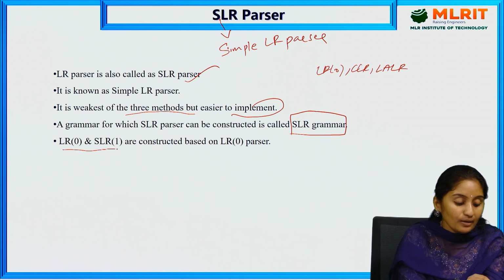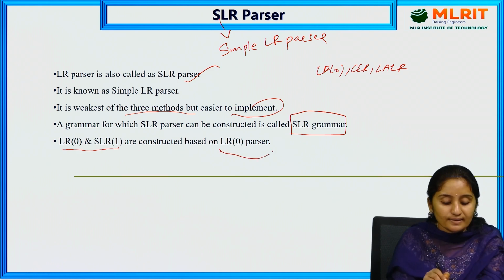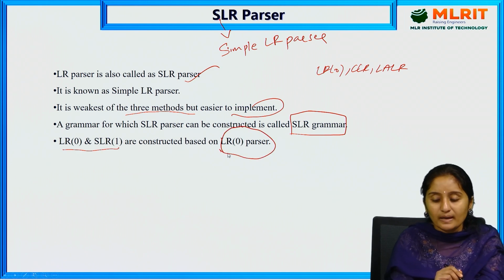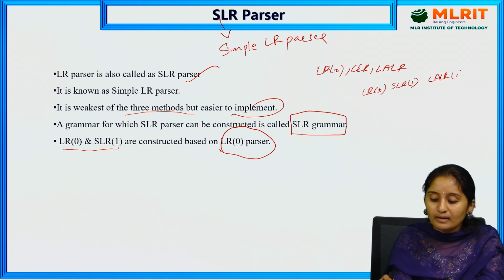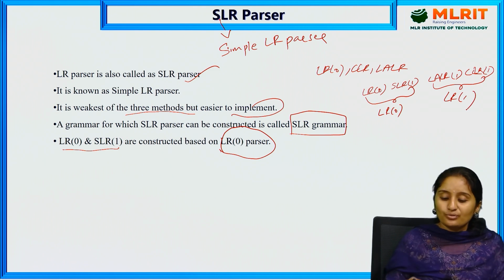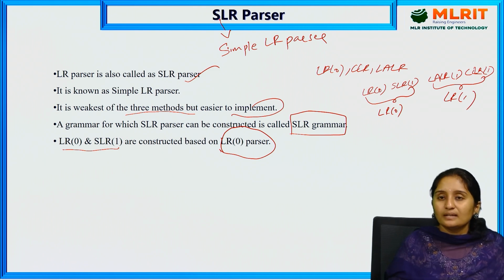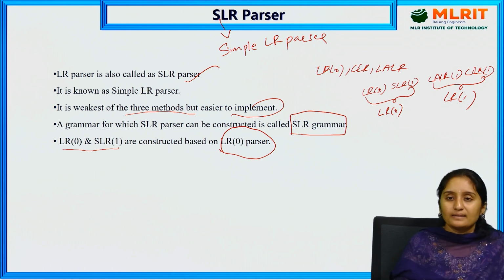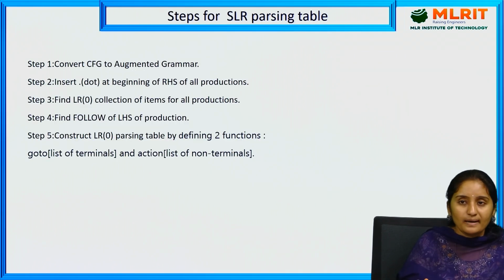There are four types of parsers we have: LR(0), SLR(1), LALR(1), CLR(1). LR(0) and SLR(1) are constructed based on the LR(0) parser, while LALR(1) and CLR(1) are constructed based on the LR(1) parser. SLR is the weakest of these parsers.